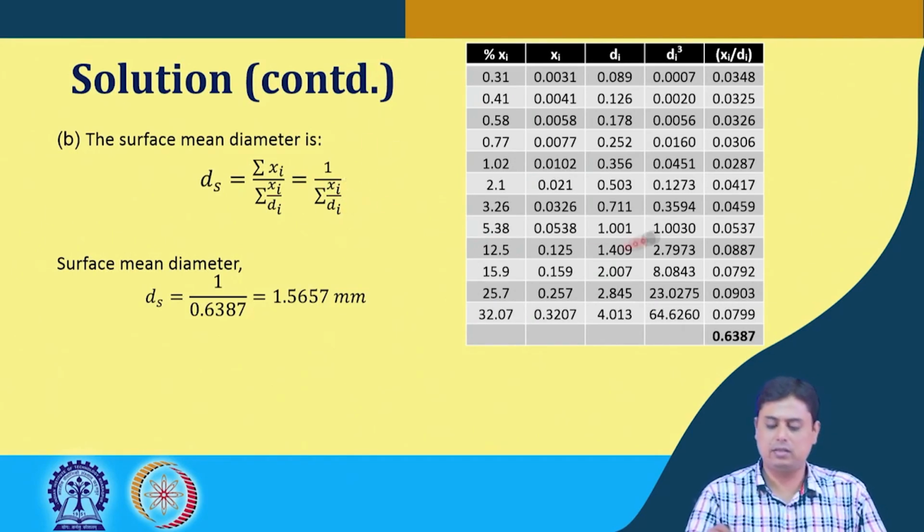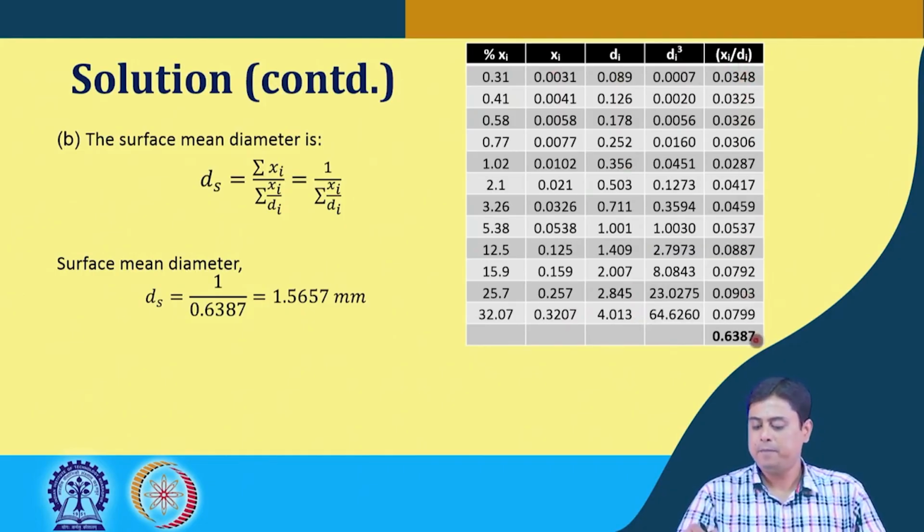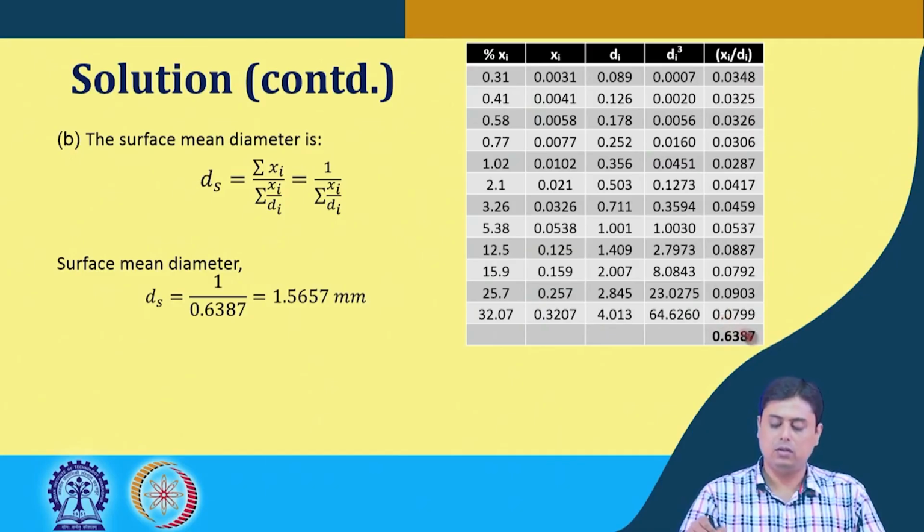Similar to the previous explanation, if you have x_i and d_i values, you can always find x_i by d_i and the summation over the whole distribution. One by this value gives you the diameter, 1.5657 millimeter.